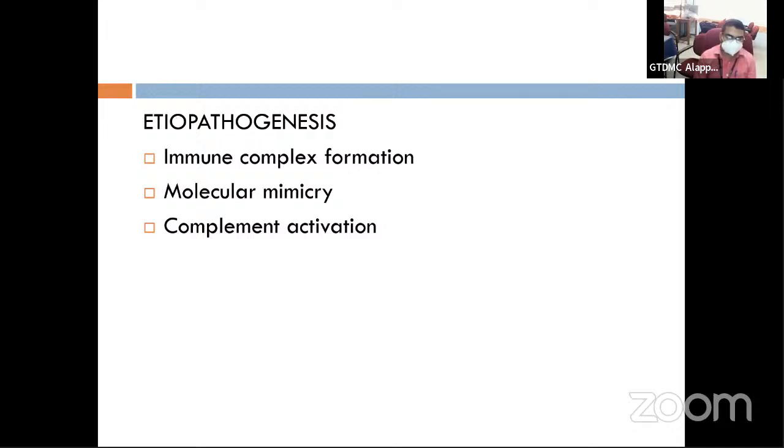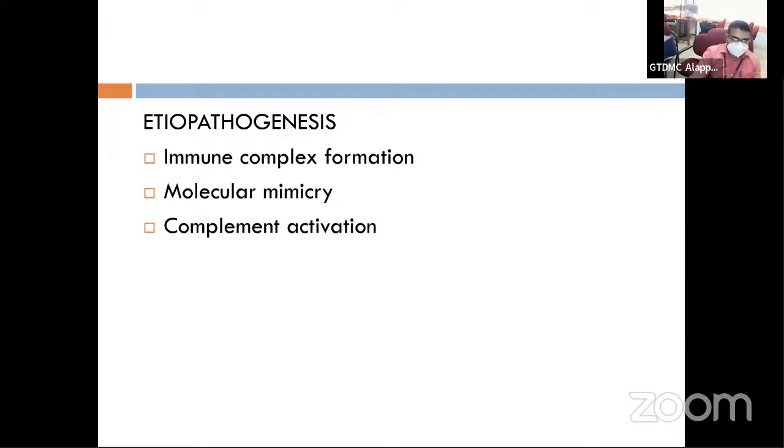That is another theory for the etiopathogenesis of post-streptococcal glomerular nephritis. And another theory is complement activation, because these streptococcal antigens can get deposited in the glomerular membrane, and this can directly initiate a complement activation. So these are the theories of etiopathogenesis of post-streptococcal glomerulonephritis.